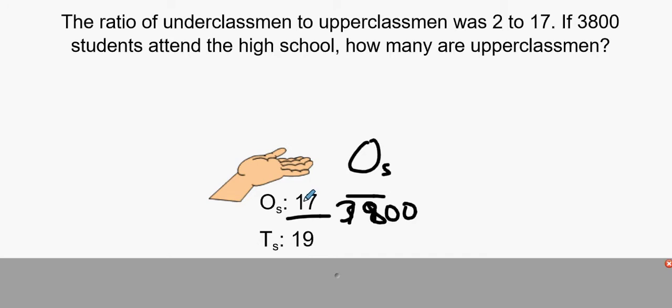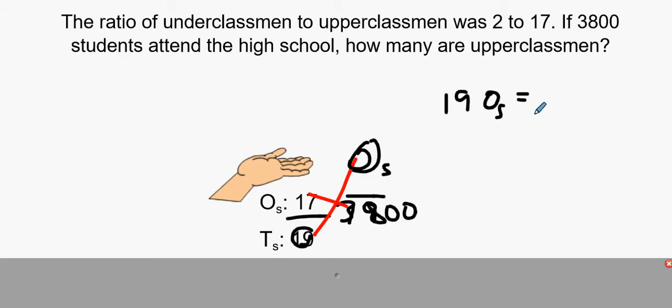So 17 to 19, older students to 3,800, cross multiply. It's kind of all kittywampus here. Hopefully you can follow me. If I cross multiply, what do I get? Starting with this and this, that's 19 older students equaling 17 times 3,800. Nice giant numbers that are more than they need to be.